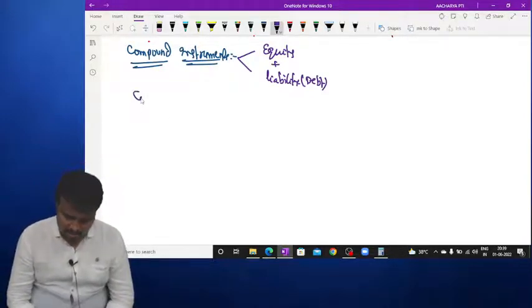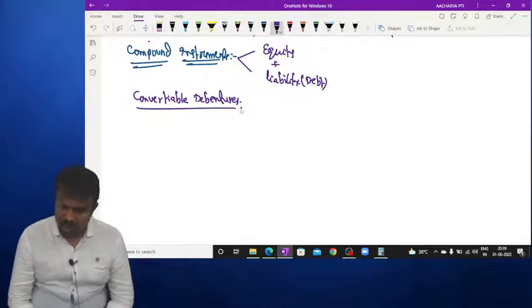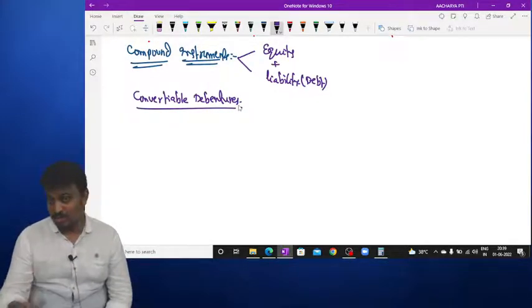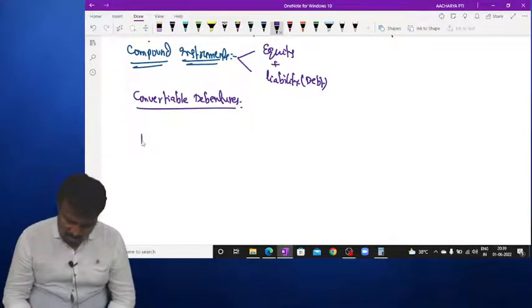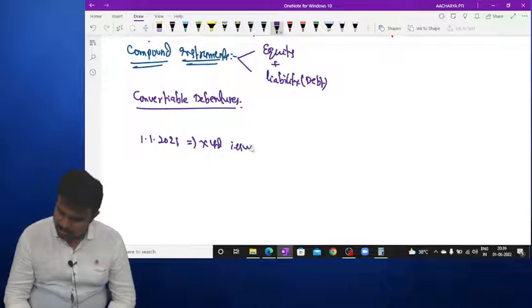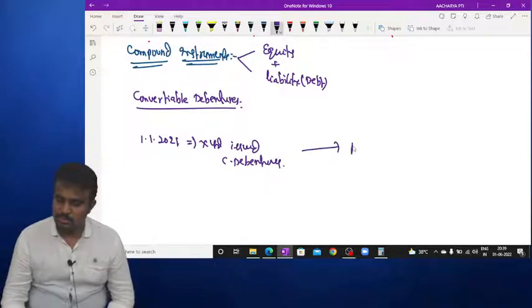The best example is convertible debentures or convertible preference shares or convertible loan notes. For example, on 1/1/2021, Excel Limited issued convertible debentures to the public.